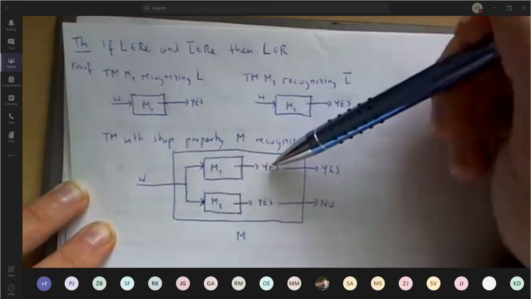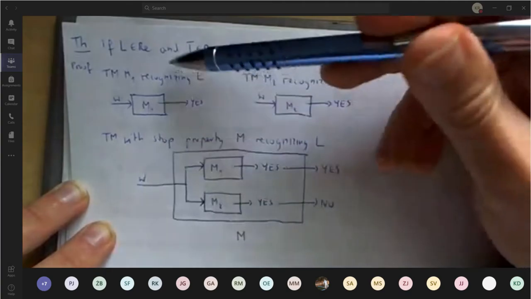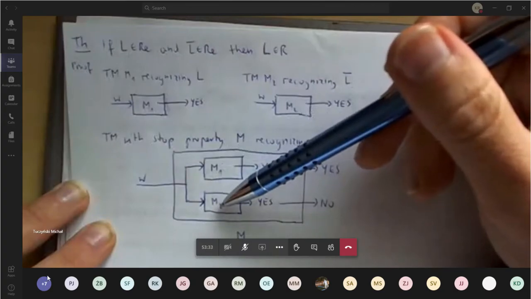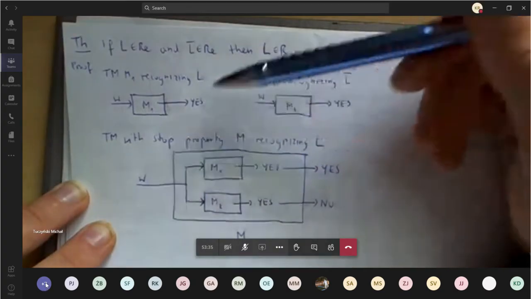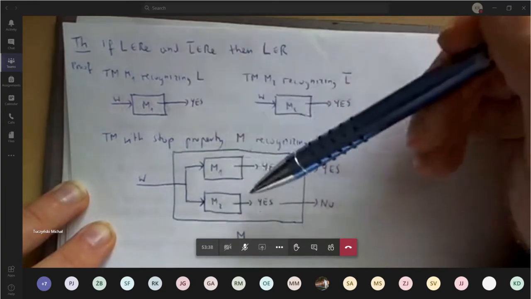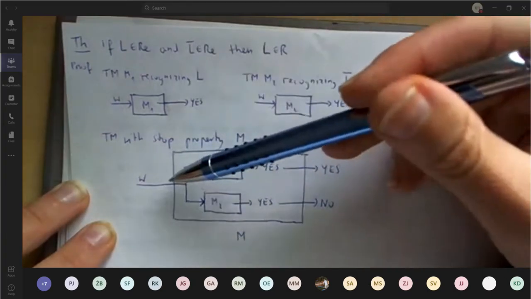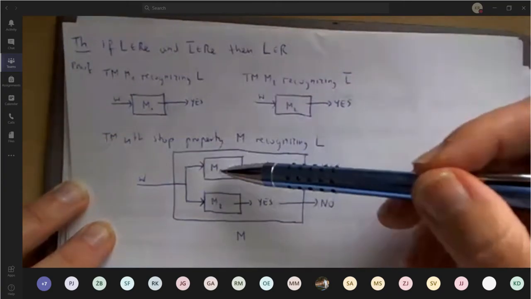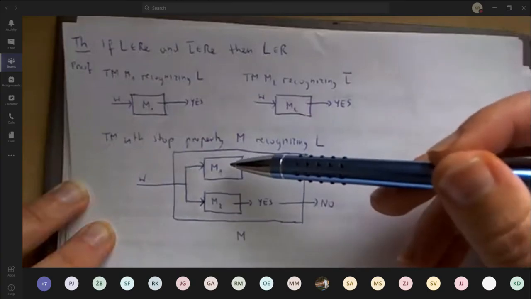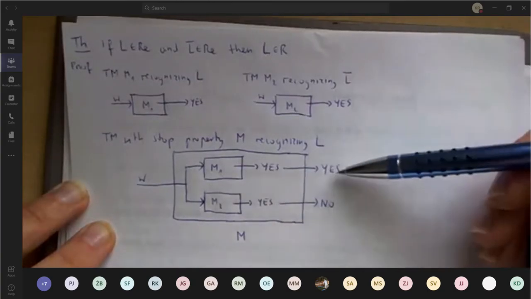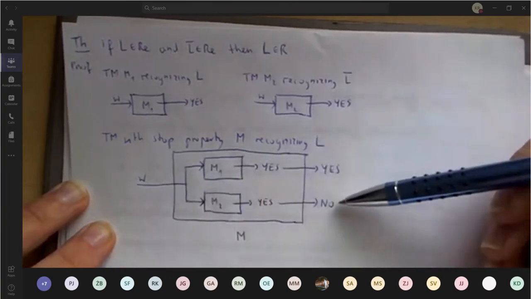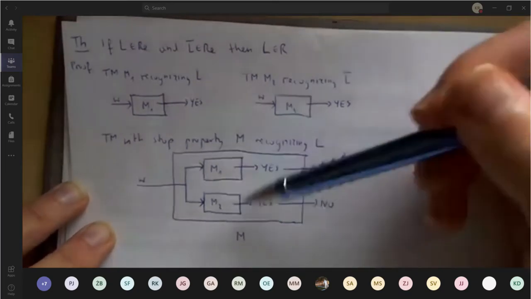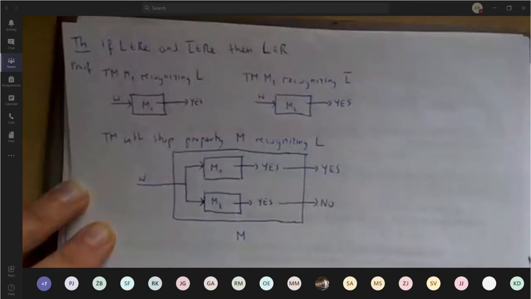If M1 answers yes, then it means that W belongs to L, so M answers yes. If M2 answers yes, then that means that W belongs to the complement of L, so it doesn't belong to L, so M answers no. In both cases, one of these Turing machines answers, so this Turing machine M always answers. So this is a Turing machine with stop property. Okay, so this proves that L belongs to R.